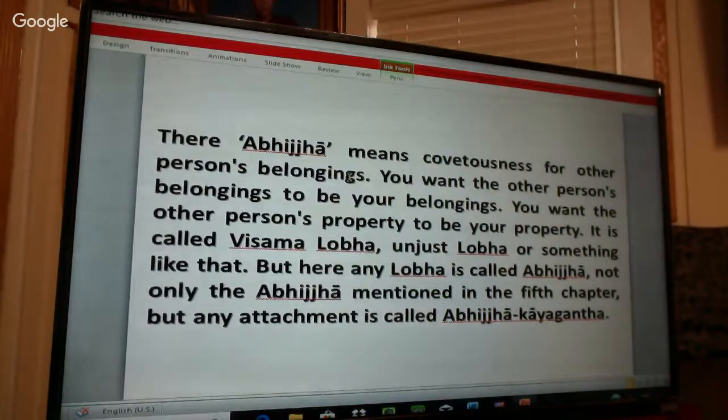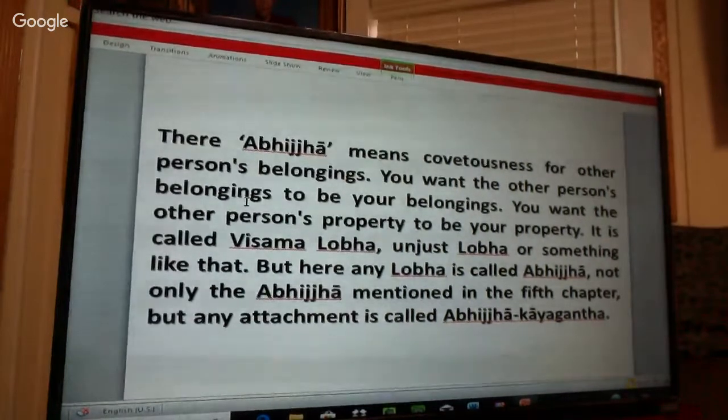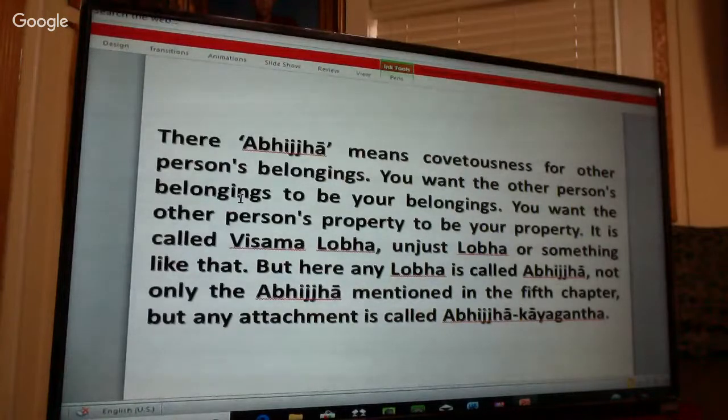So it is totally different from the previous abhijjha. Okay? Understand?